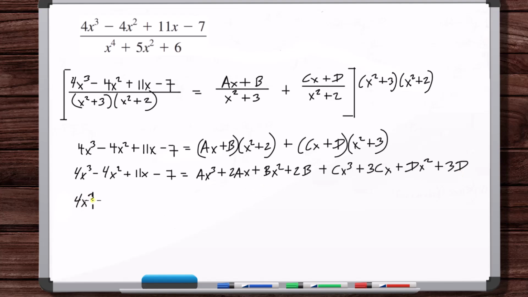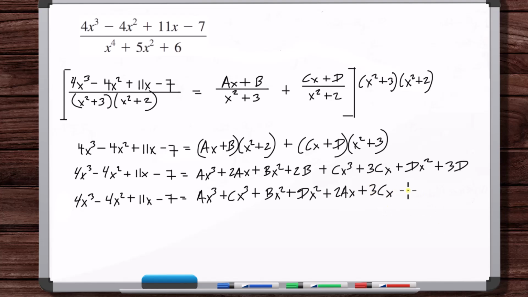Okay, so you've got ax cubed plus cx cubed plus bx squared plus dx squared plus 2ax plus 3cx plus 2b plus 3d.